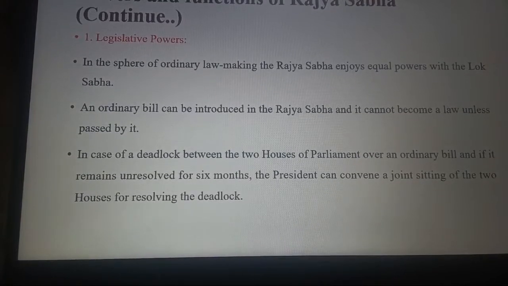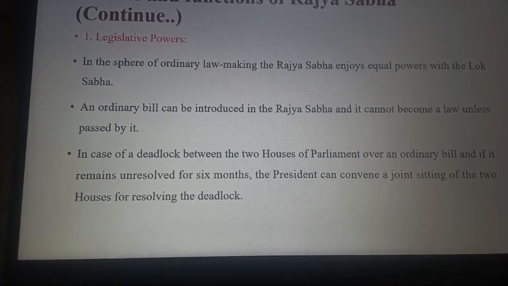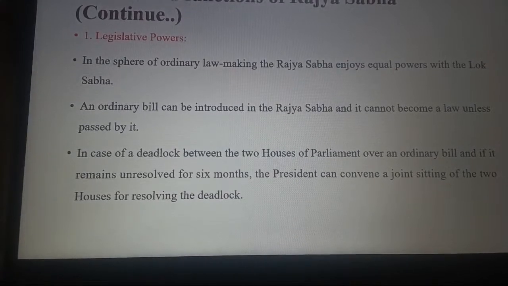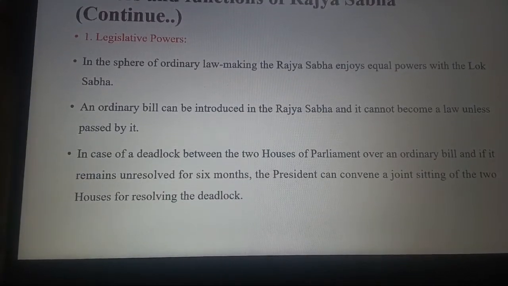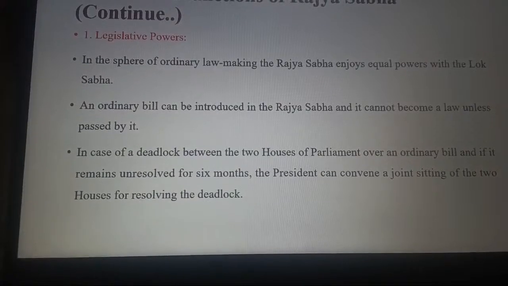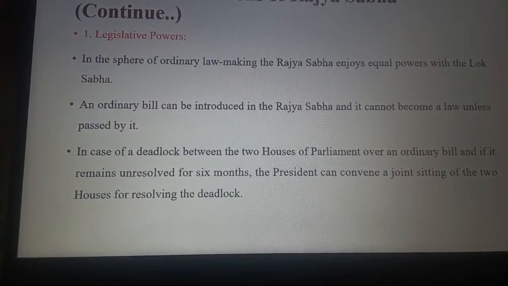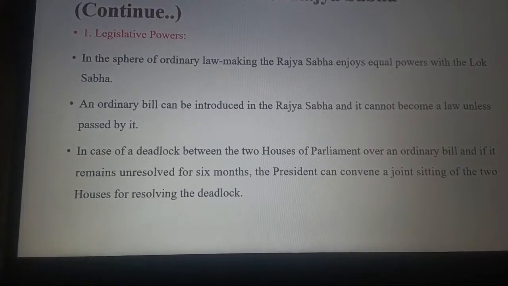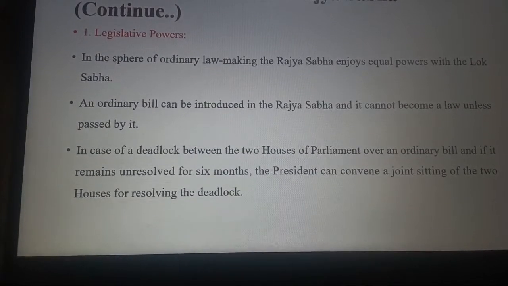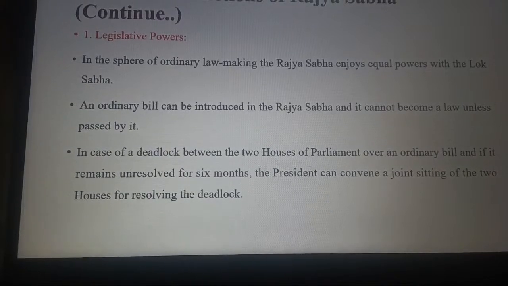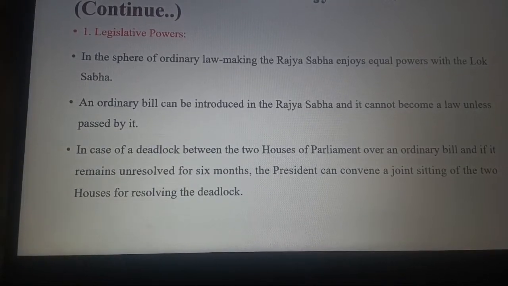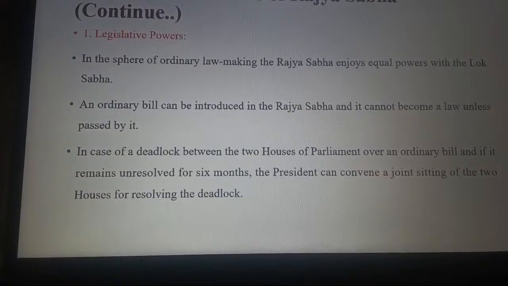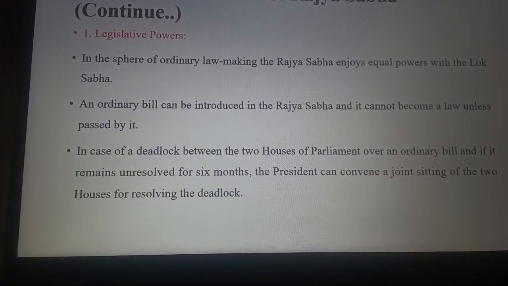An ordinary bill can be introduced in the Rajya Sabha and it cannot become a law unless passed by it. In case of a deadlock between the two houses of parliament over an ordinary bill, if it remains unresolved for 6 months, the President can convene a joint sitting of the two houses for resolving the deadlock.